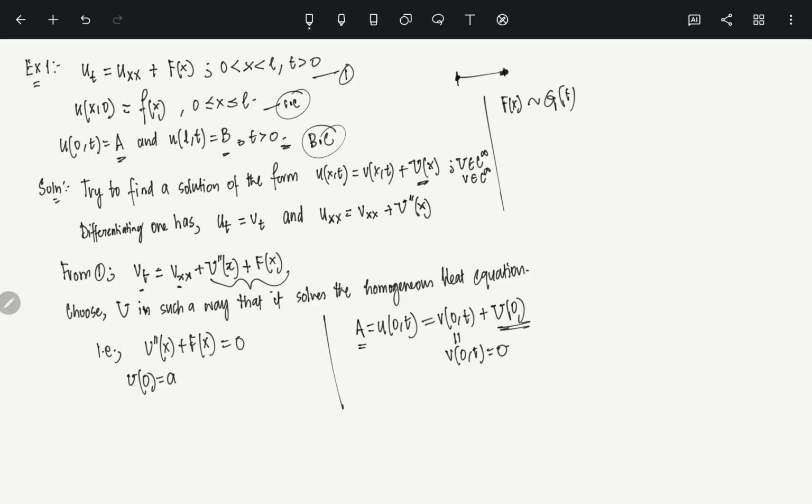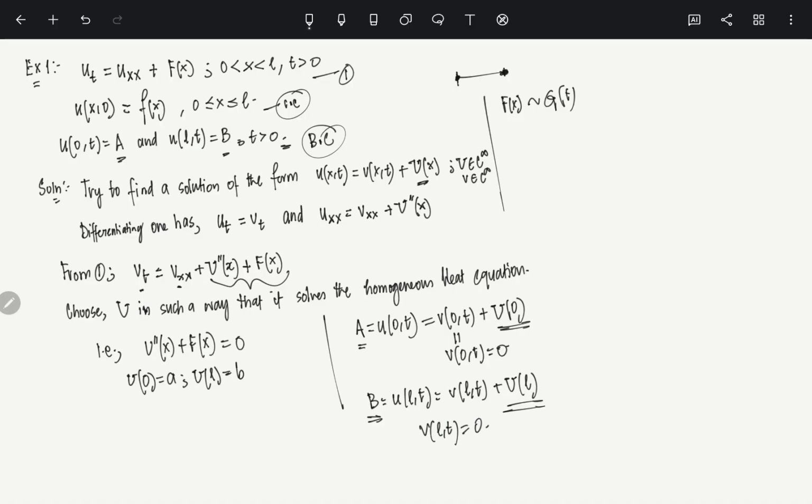And if we take b, which is u of L,t, that is v of L,t plus capital U of L. If I take capital U of L to be b, then v of L,t is also going to be 0.